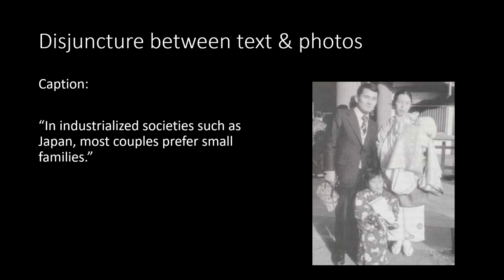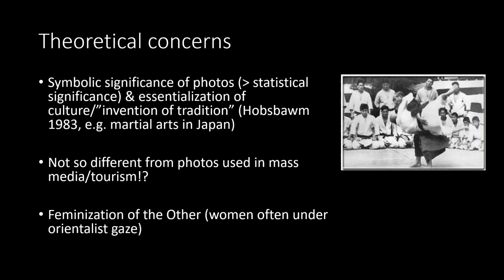And this disjuncture might become a problem because, according to Koyama, people seem to be affected more by photos. So there is a symbolic significance of photos that might be bigger than the statistical significance. So the visual matters more than the number in terms of text. People seem to be more affected by the visual rather than the textual.